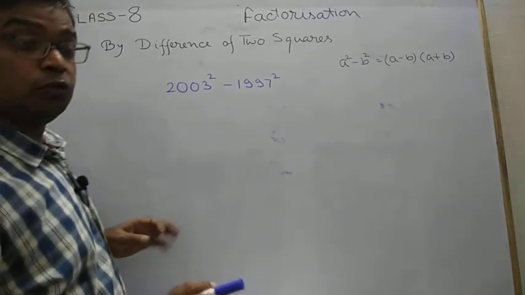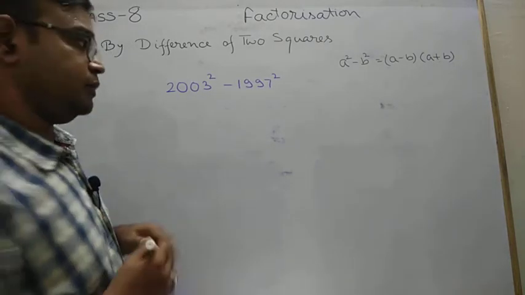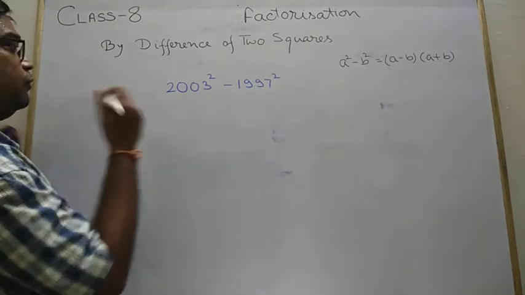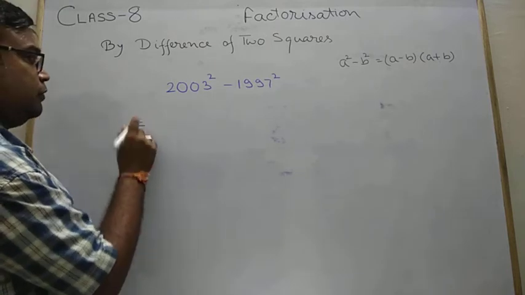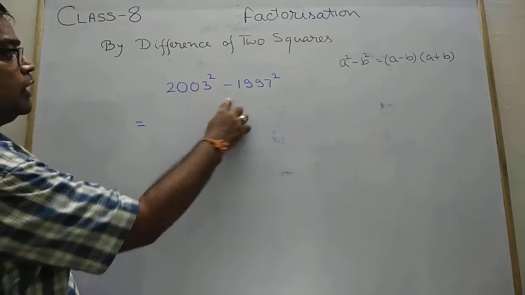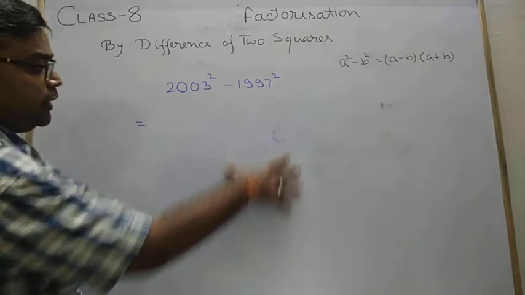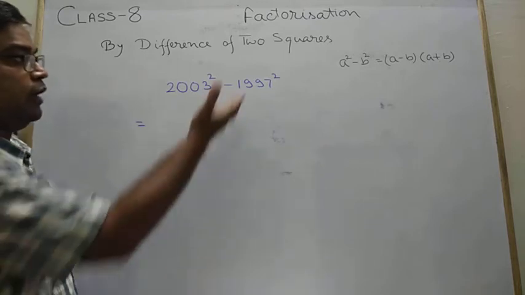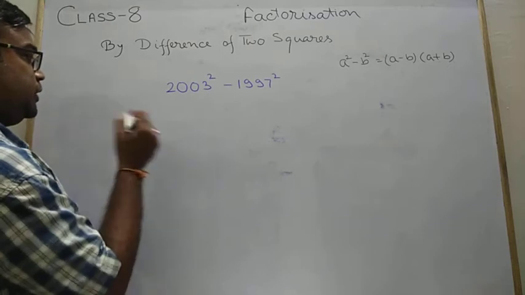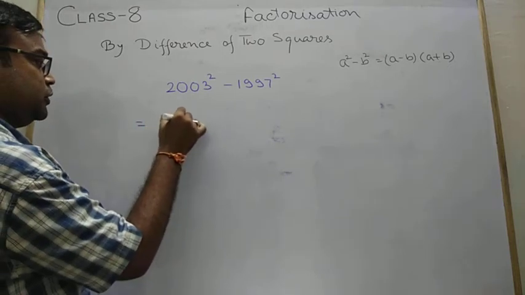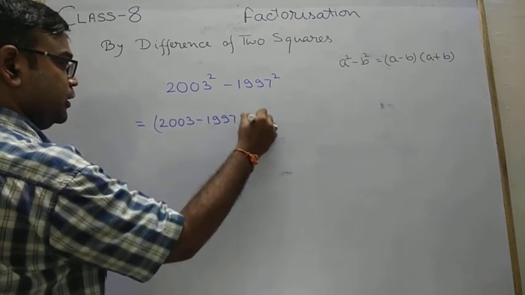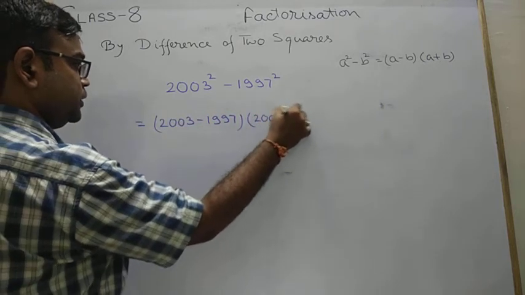In maths, always remember, we have thousands, hundreds, tens, then units. How do we use this one? Many of you may write 2000 plus 3 whole square minus 2000 minus 3 whole square, then proceed. But why do that? If we have an easier concept, the difference of 2 squares, we can easily write 2003 minus 1997 and 2003 plus 1997.